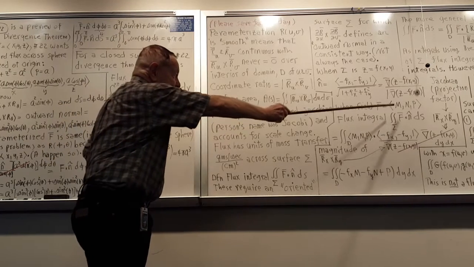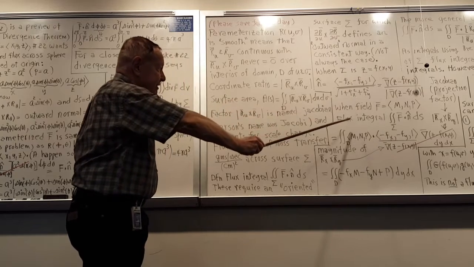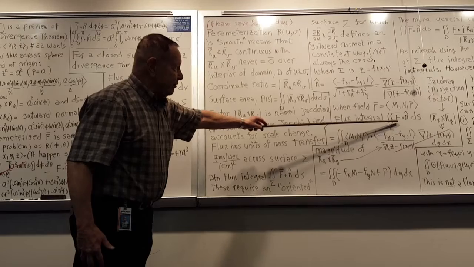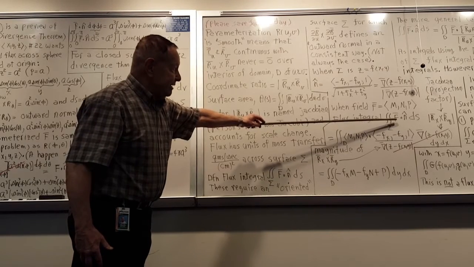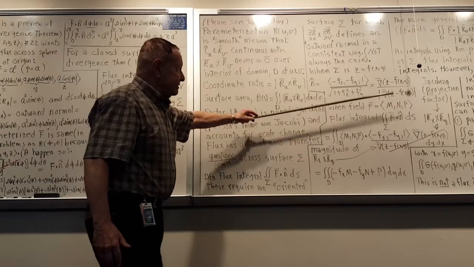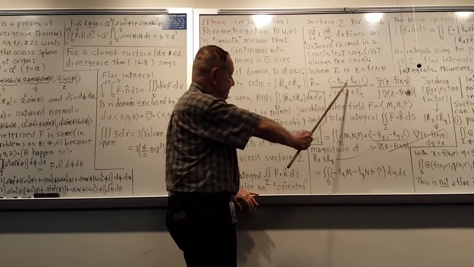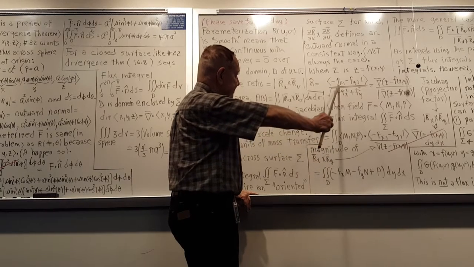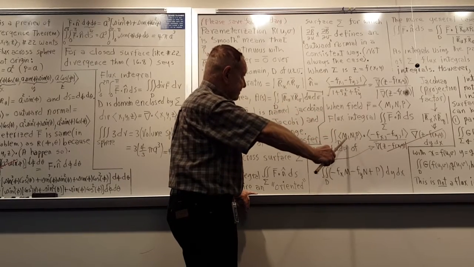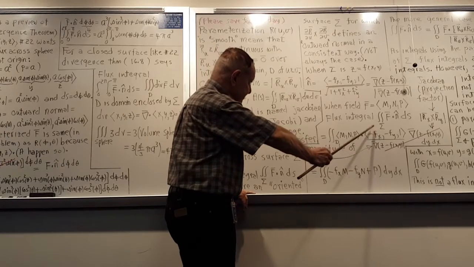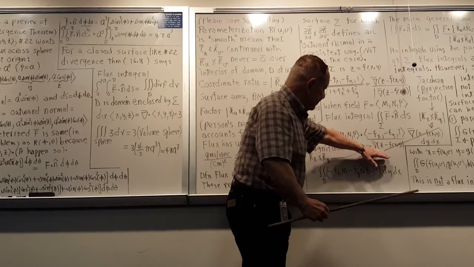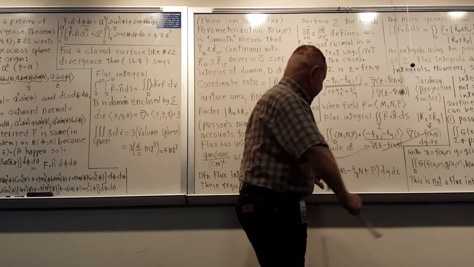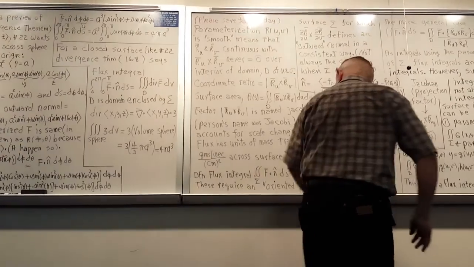So if you have a field with three components, then your flux integral, which is the integral over this orientable surface of F dot n dS, where you're using this for your n, you'll have M, N, P dot this thing, and then you have the magnitude of your gradient. I left off a vertical line there.